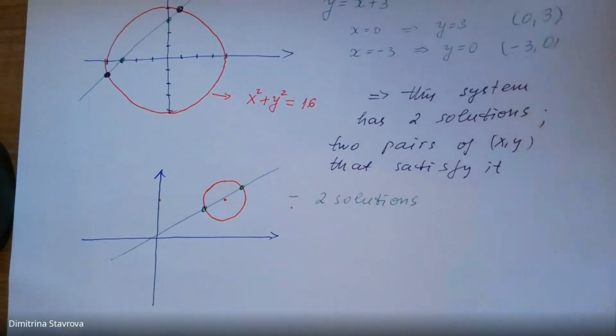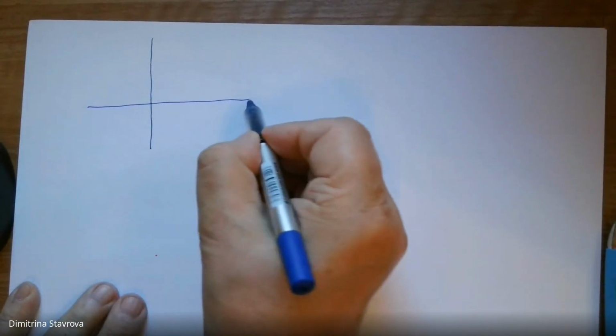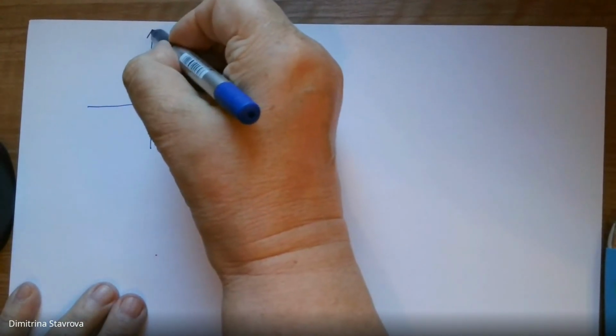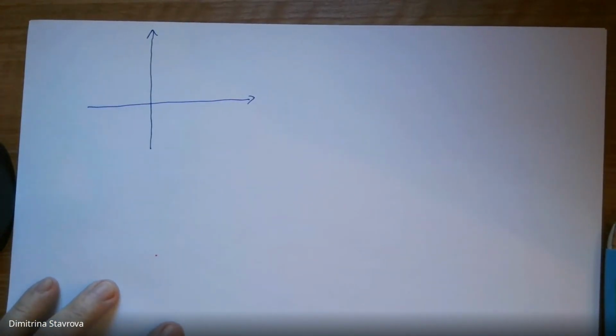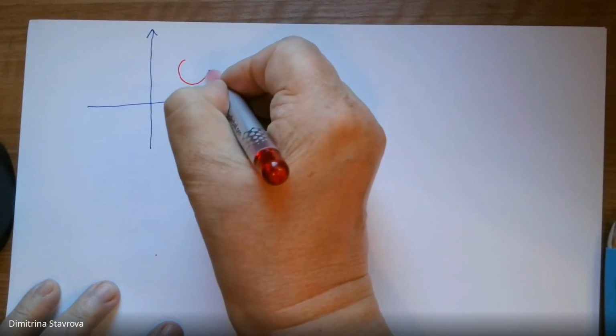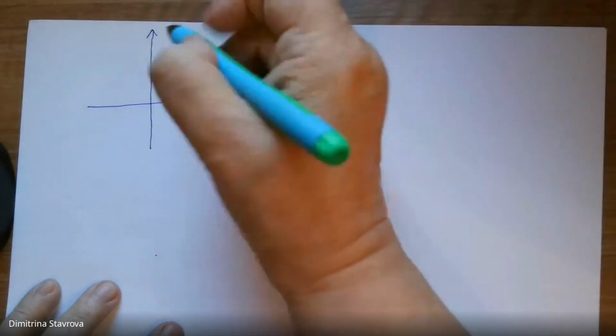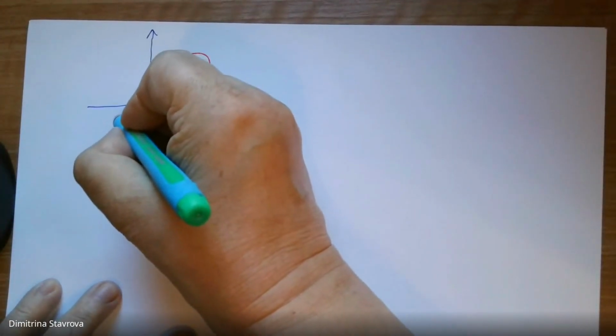What other possibilities do we have? Let us take, formally, I say formally because I don't draw an exact drawing, the same circle. And what kind of line could we have?